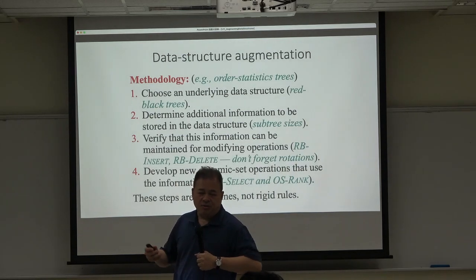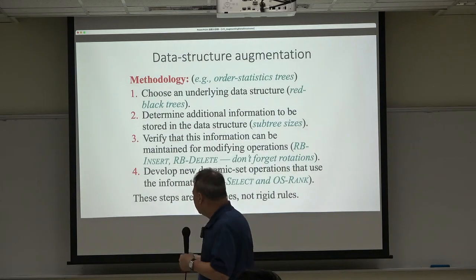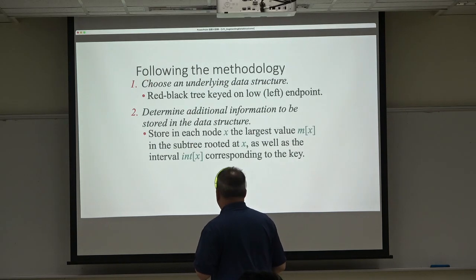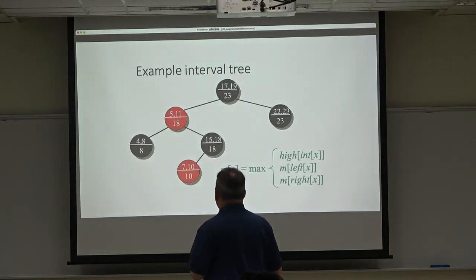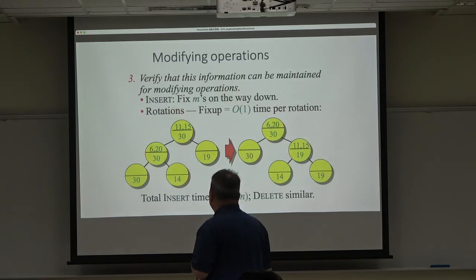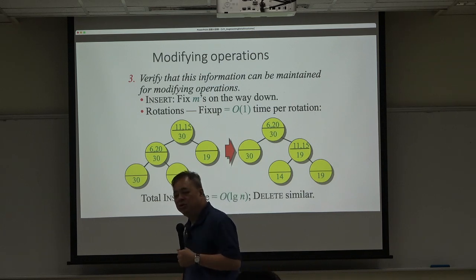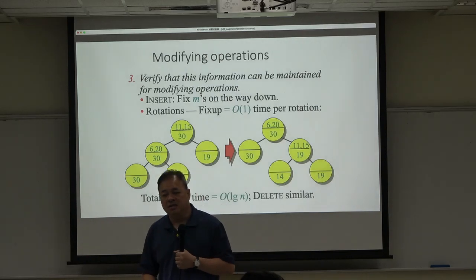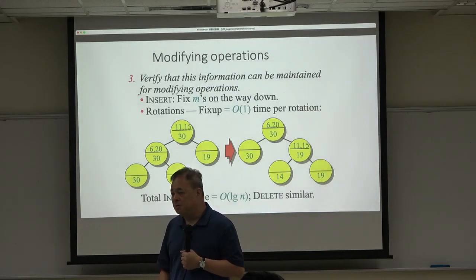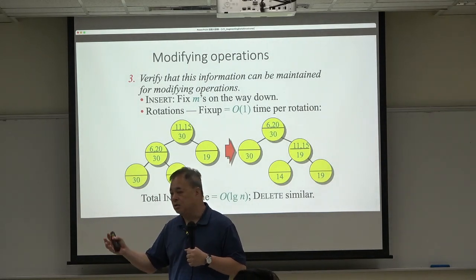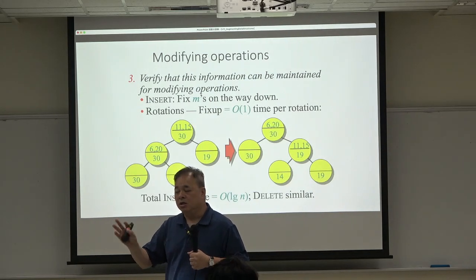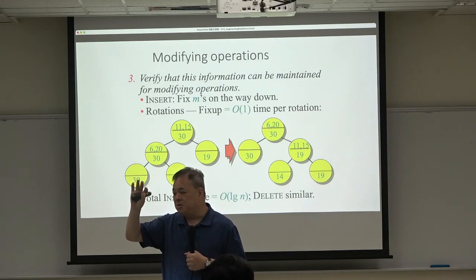For delete, again, I will skip. For insert, I think we can easily verify. Like all the other operations, changing color does not involve changing the structure of the tree, so it doesn't change the value of m.